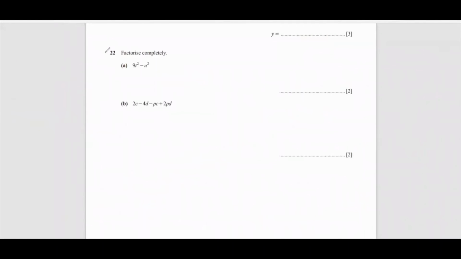Factorize completely. You need to remember the rule here: a square minus b square equals a plus b times a minus b. The problem is 9t square minus u square.